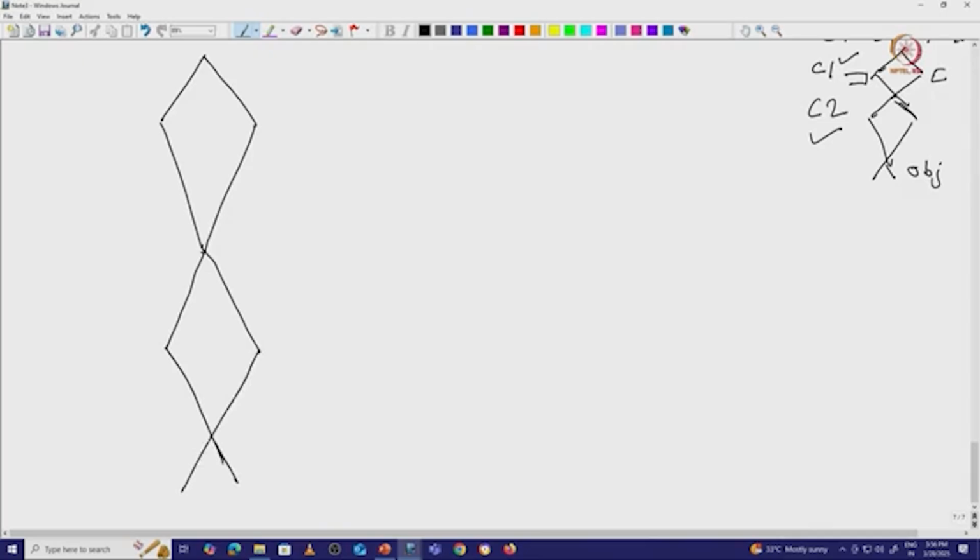This one we can consider C1 and this one C2. There is another point where the electrons can converge a little bit higher up.